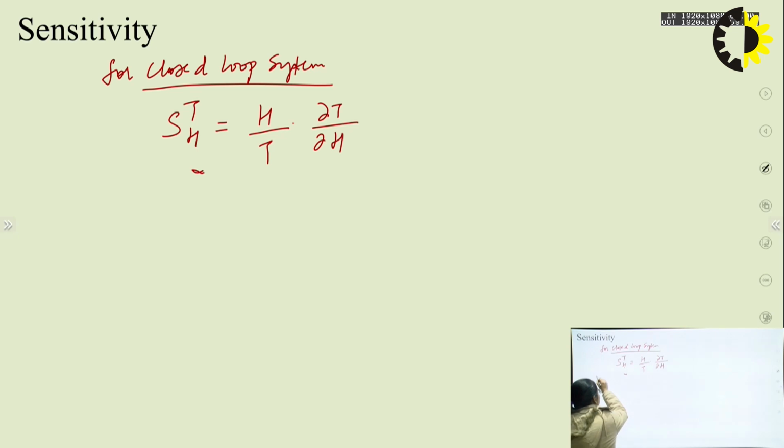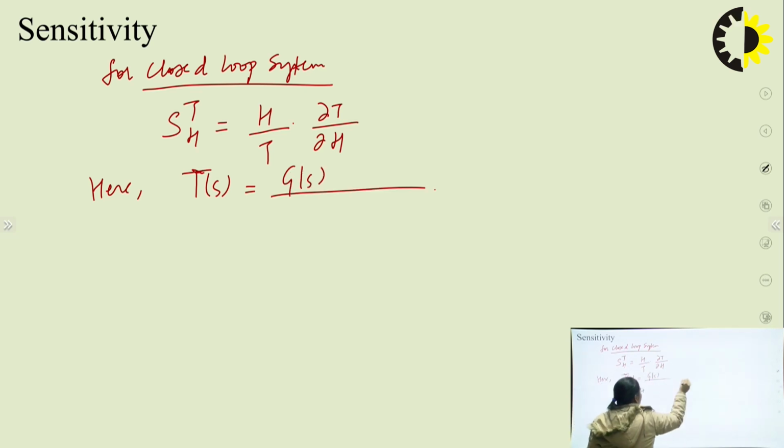And here I know the value of transfer function will be, I am taking negative feedback, so it is G(s) upon 1 plus G(s)H(s).